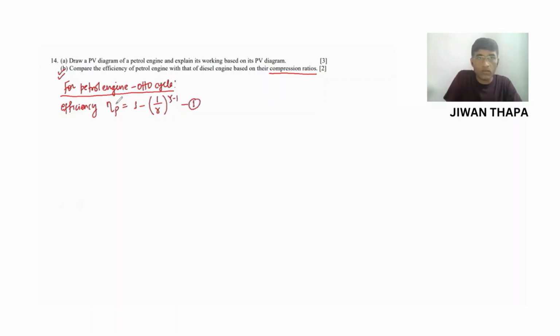Let us call it equation 1. So this is the efficiency of petrol engine or auto cycle.